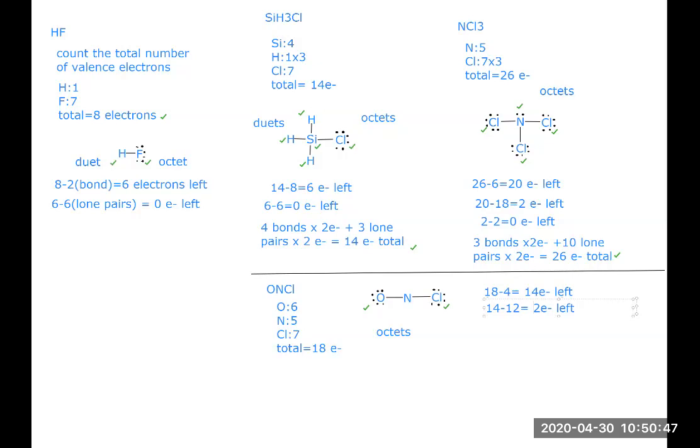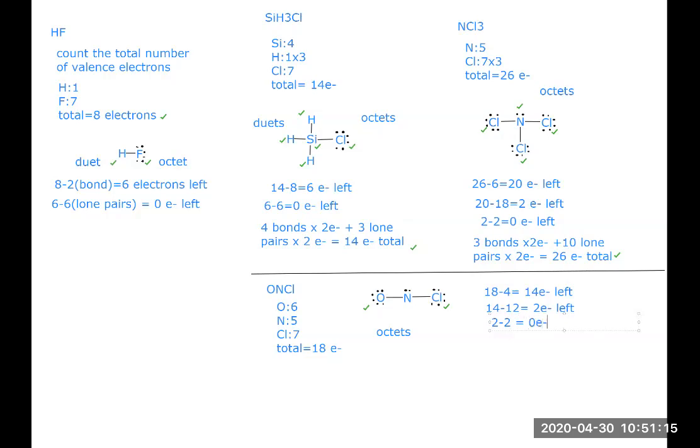Now we need to use those 2 electrons to give an octet to the nitrogen. But we have only 2 here, so let's place those 2, and then we have to stop because we cannot put more than there are electrons available. 1 and 2. So we've used our 2 electrons. 2 minus 2 equals 0.